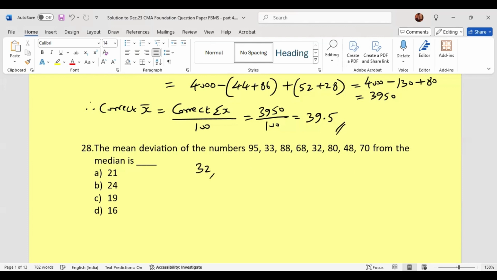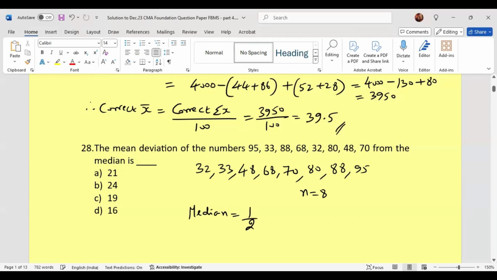So first is 32, then 33, then 48, then 68, then 70, then 80, next is 88, then 95. Then we may notice the number of observations is 1, 2, 3, 4, 5, 6, 7, 8. 8 observations.